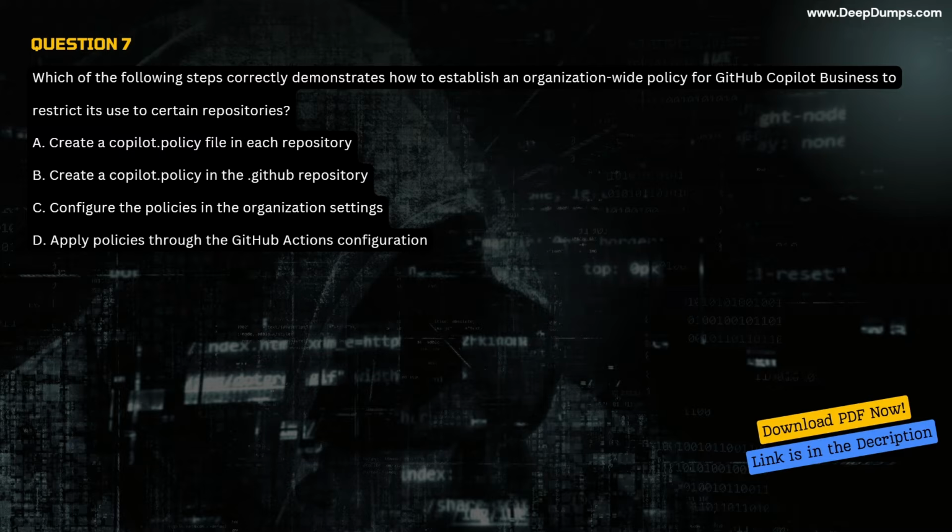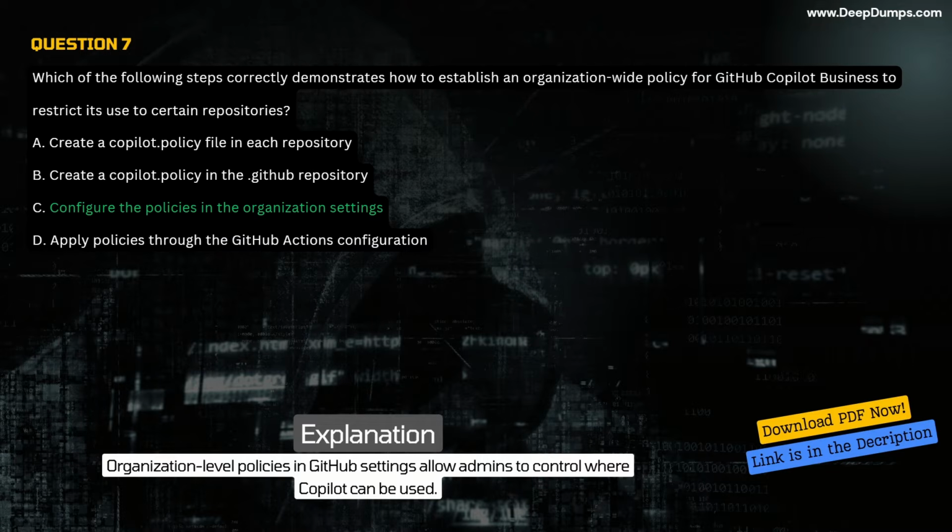C. Configure the policies in the organization settings. D. Apply policies through the GitHub Actions configuration. Correct answer, C. Configure the policies in the organization settings. Explanation. Organization-level policies in GitHub settings allow admins to control where Copilot can be used.